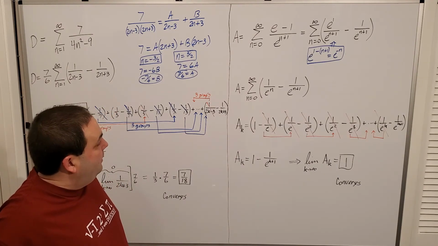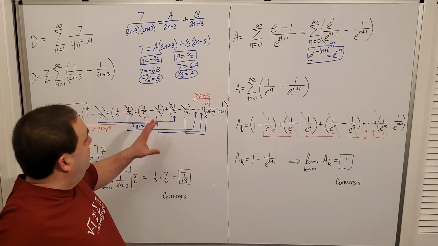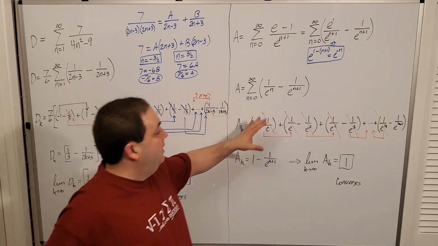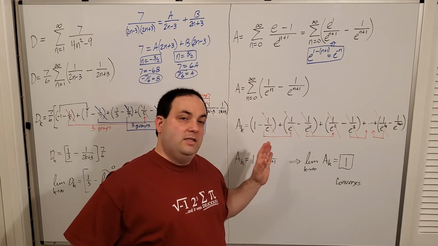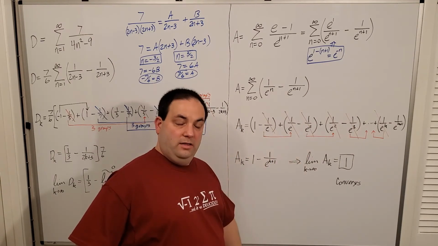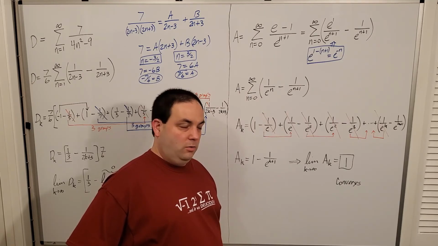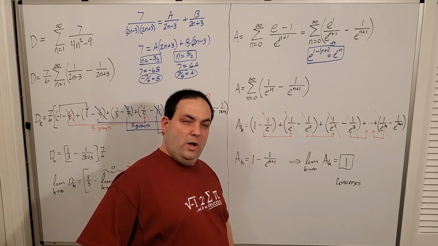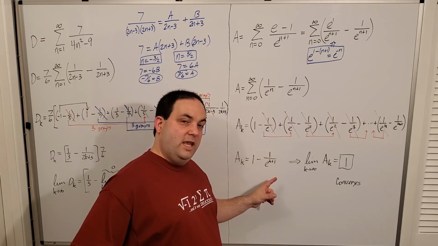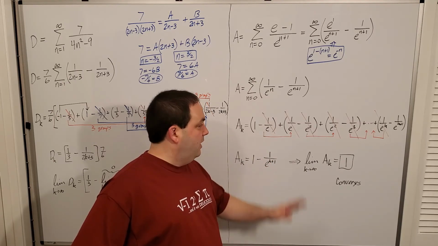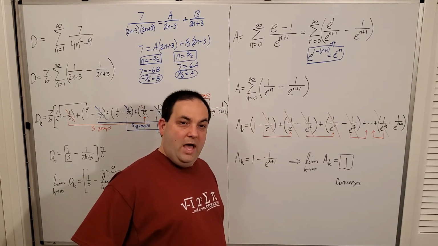So, telescoping series is all about just finding that pattern, and then making sure that the last term of your partial sum does actually have a limit that will allow it to converge. That's going to be the tell as to whether or not the telescoping will converge, is what that last term is able to do. And make sure that you're checking for that, not just looking at the beginning of the pattern.